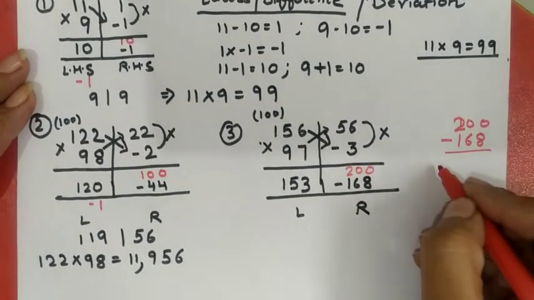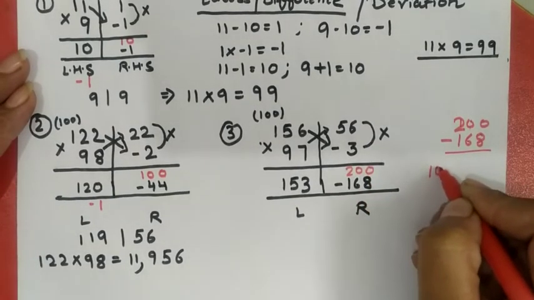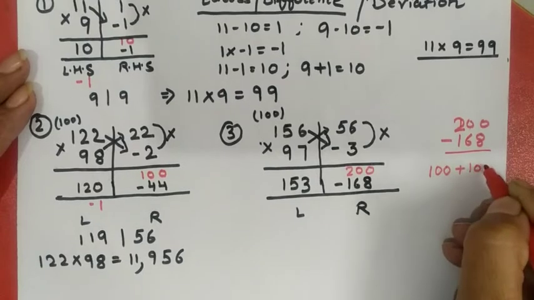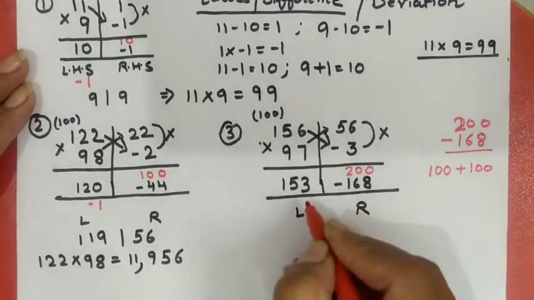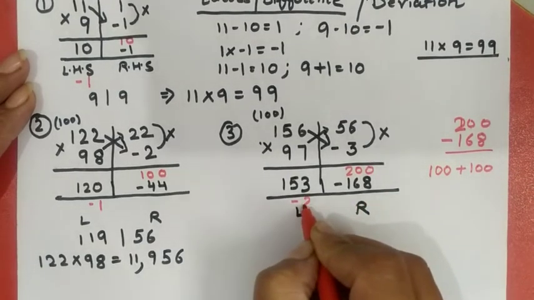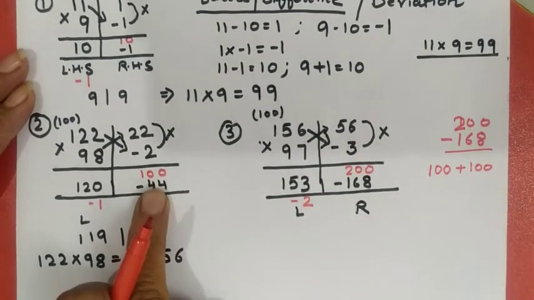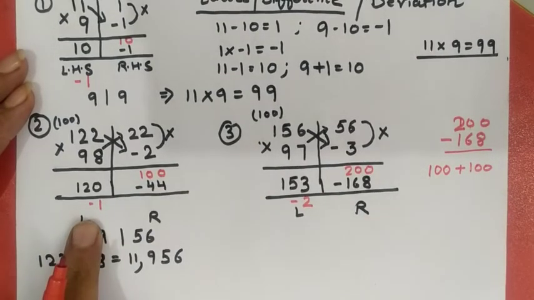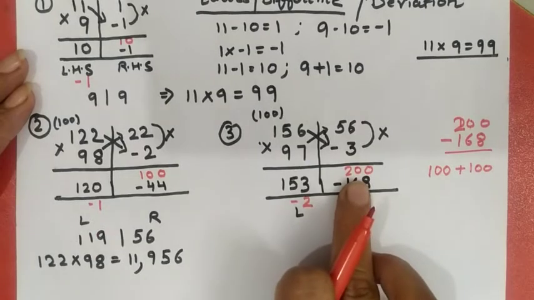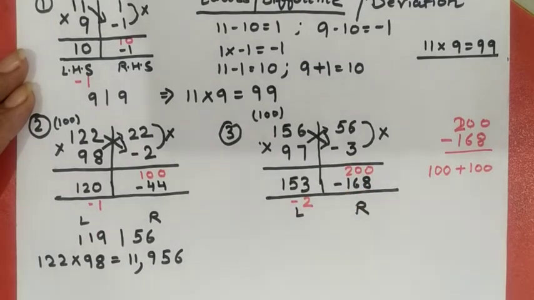So, subtract 200 from your right hand side. Now, you have taken two base numbers. 100 plus 100 makes 200, right? So, you will subtract number 2 from your left hand side. Here we have taken just 100, so we have subtracted 1. Here we have taken 200, so we have subtracted 2 from our left hand side answer, right?